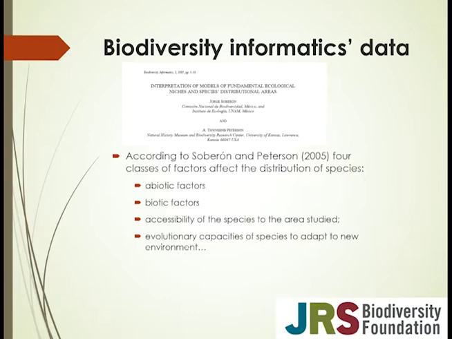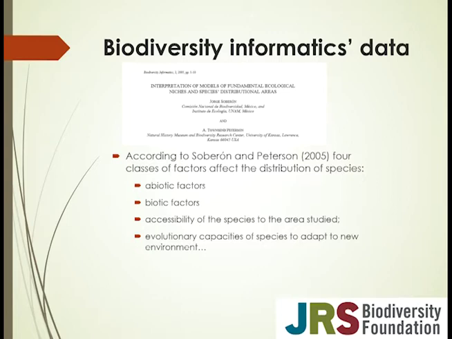We have then competition, mutualism, disease, population dynamics, etc. And also we have the accessibility of a species to the area of study from original distribution areas in ecological time. And here it is supposed that seeds and dispersers are available, and also the movement of species is possible in the absence of barriers. The fourth factor we talked about is the evolutionary capacity of species to adapt to new environments.